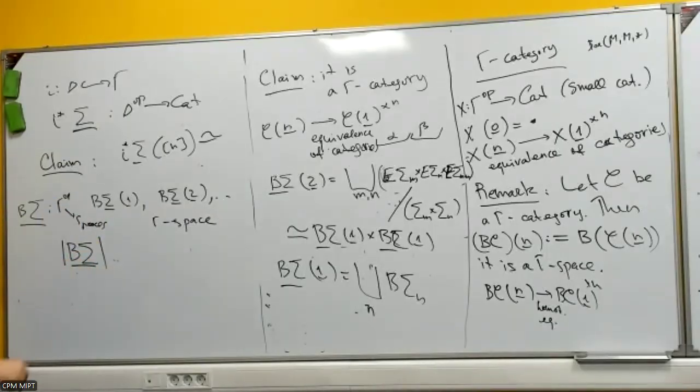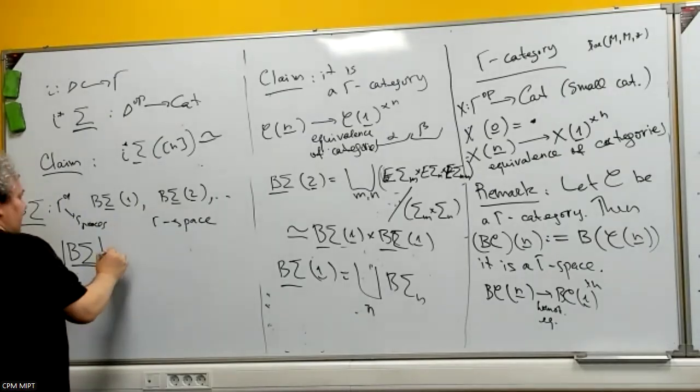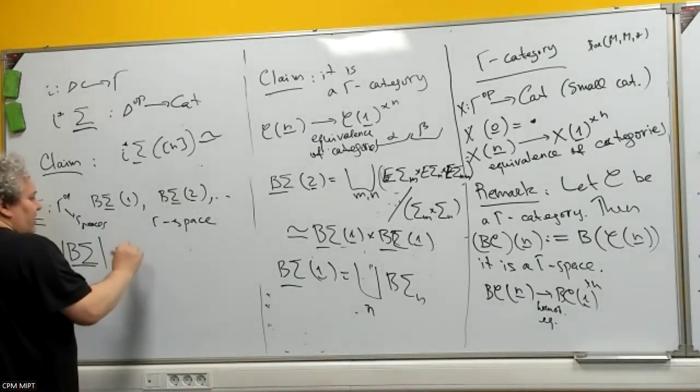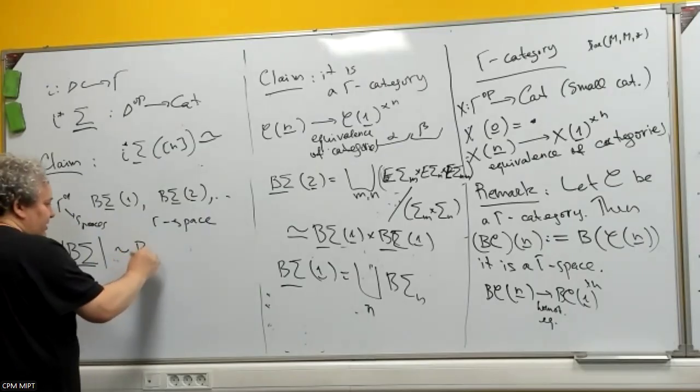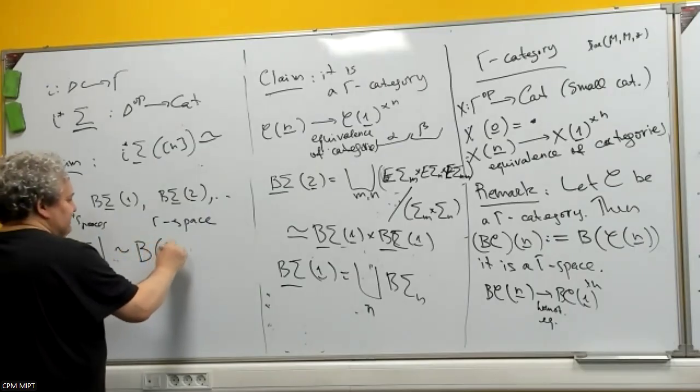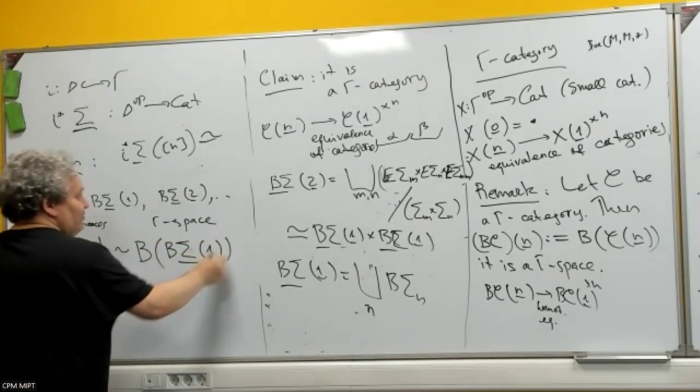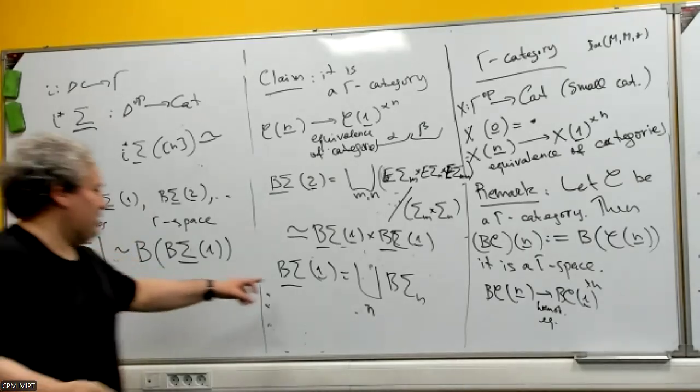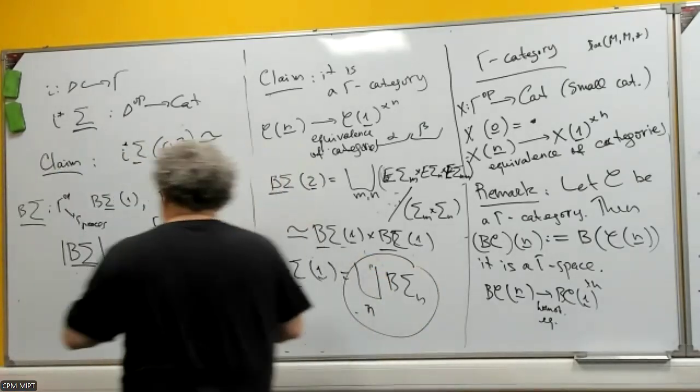Yes, so I take the realization of all these, meaning that firstly I restrict it to delta, and then take the realization of this simplicial set. And then the claim is that this realization is actually B of this monoid, B sigma 1. So this B sigma 1 is my monoid, so it's a strict monoid.